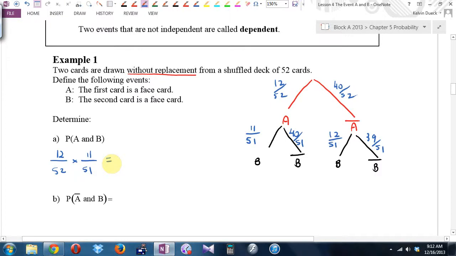What's 12 times 11 over 52 times 51? 12 times 11 is 132, and I think 52 times 51 is 2652. Double check me. Yeah. How do you multiply fractions, Colin? That's the easiest. Top times top, bottom times bottom. And I'm sure that reduces, but I don't care.